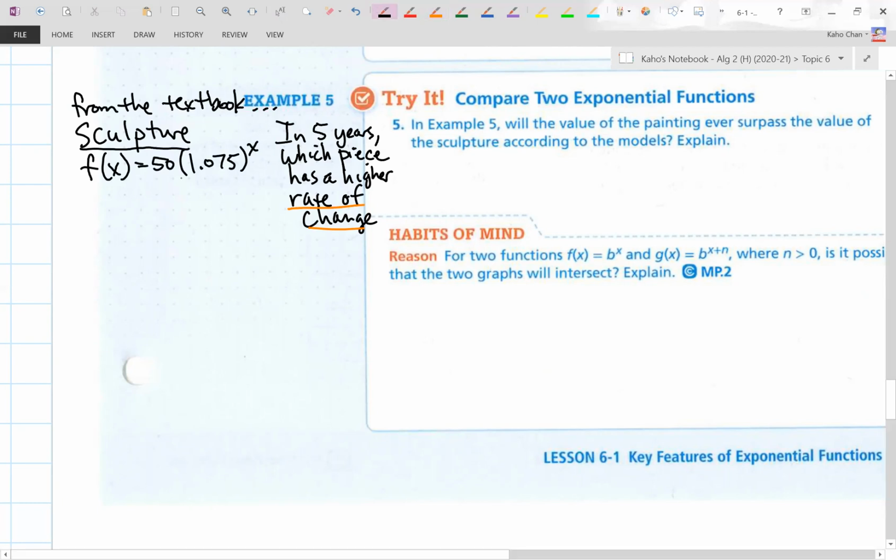Hold on a second. The sculpture is the function right there that I just wrote down. The painting is an actual graph. So I kind of jumped the gun in terms of asking the question. Here's the graph itself, and it looks like this.